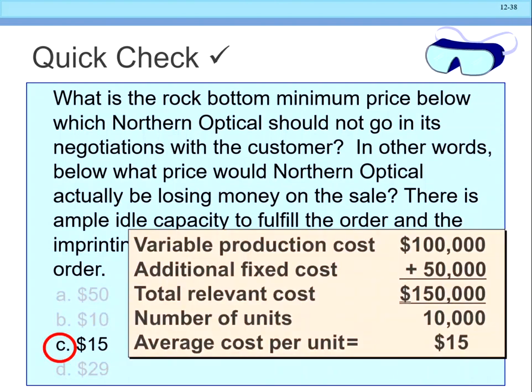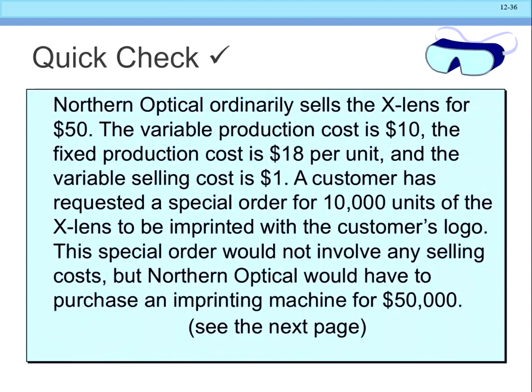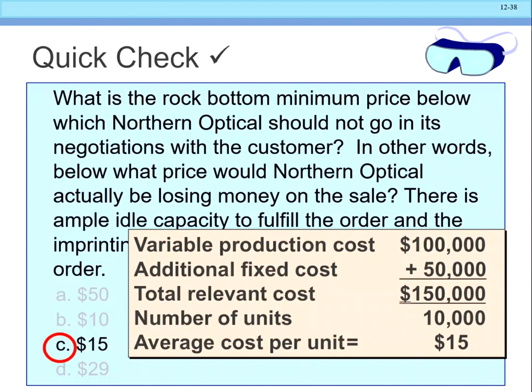All right, I assume you worked it out and you got 15. What we've done is we have looked at the variable production cost for 10,000 units. It's coming from the variable production cost of $10 per unit and the customer needs 10,000 units. Therefore, it's 100,000.